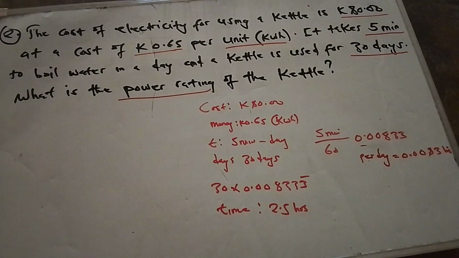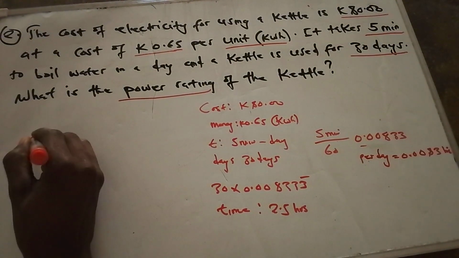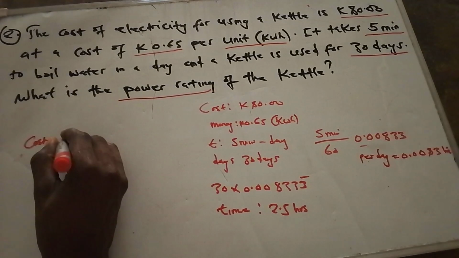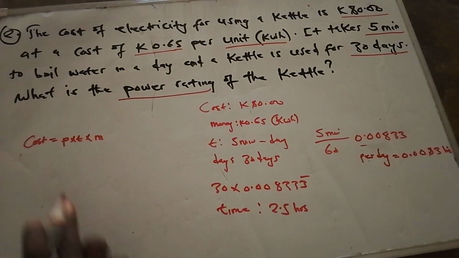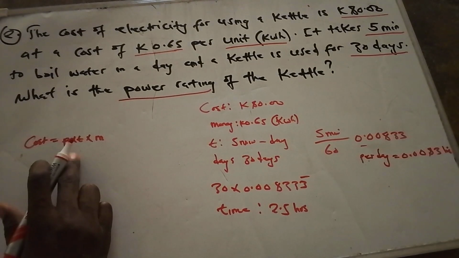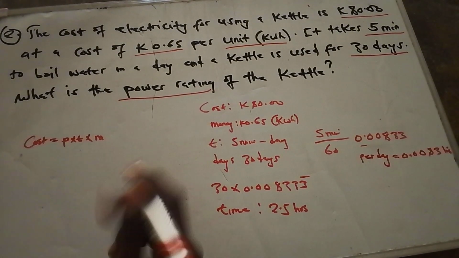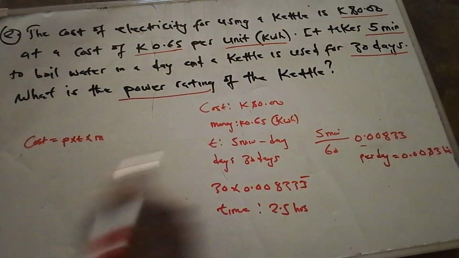Having done that, now we can say cost is equal to power times time times money. Remember that power times time represents units. P times T is a unit. So the cost is given.